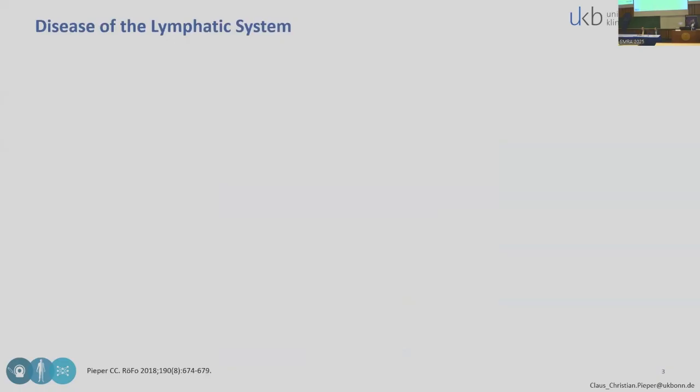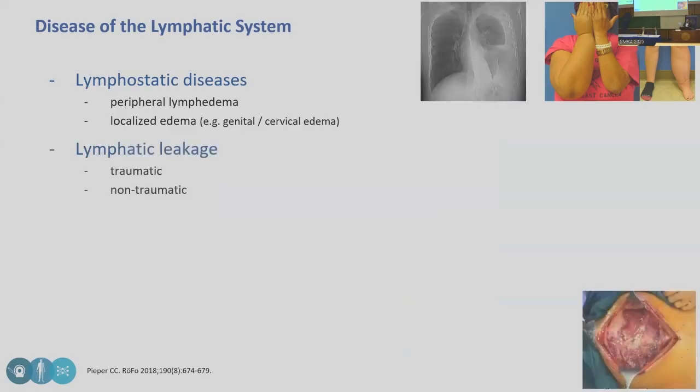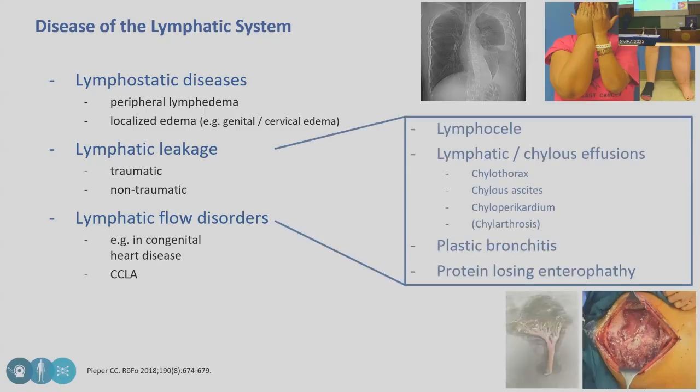Which diseases are we actually talking about? A very rough, simplified overview. We are talking about lymphostatic diseases, basically different forms of lymphedema, about lymphatic leakages that can be traumatic or non-traumatic, more complex lymphatic flow disorders that can be observed in patients, for example, with congenital heart disease, but also various forms of central conducting lymphatic anomalies.